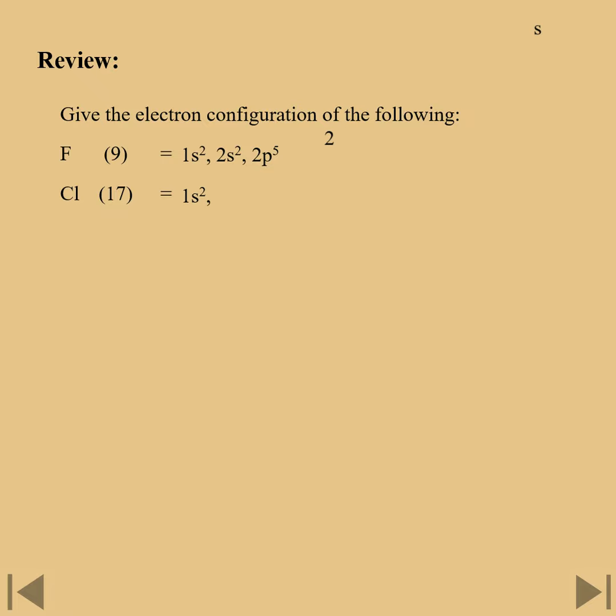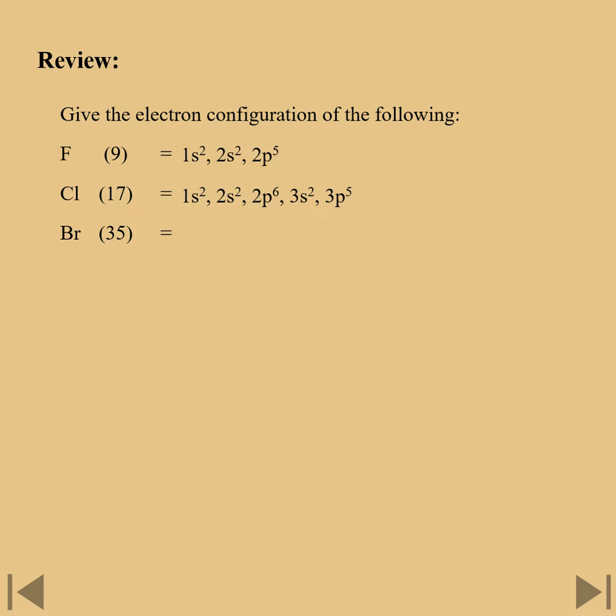So again, that was 1s2, 2s2, 2p6, 3s2, 3p5. If you count them, we have 17 electrons. And I recommend that you do count these to make sure that you've made no simple mistakes, like forgetting the 3s2.